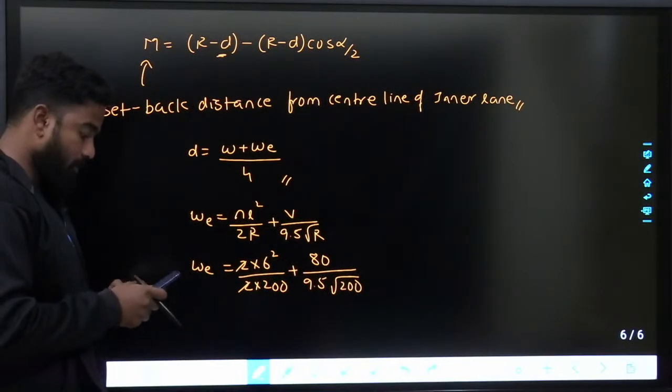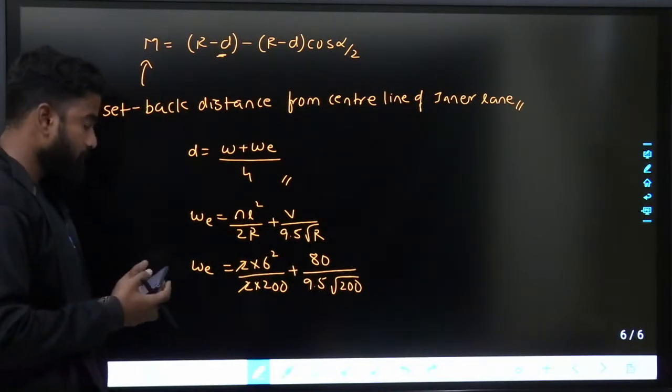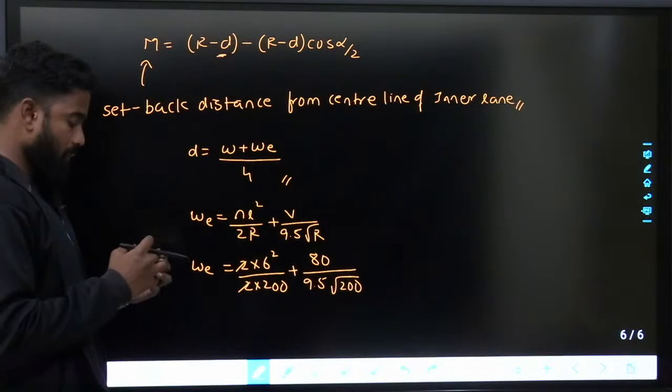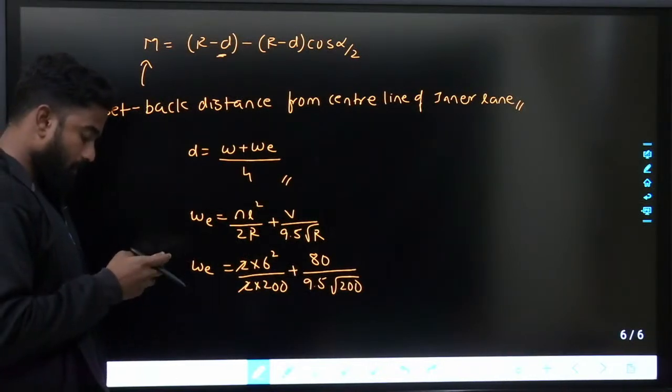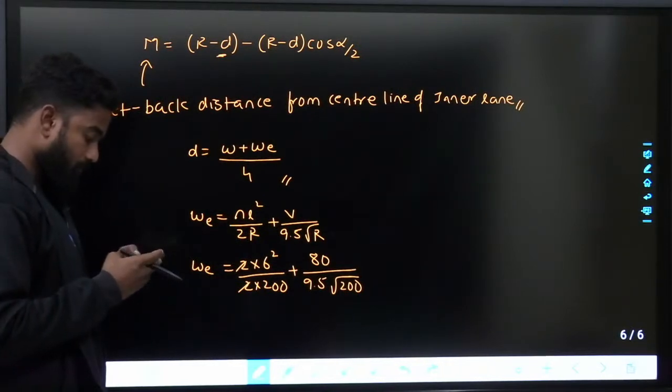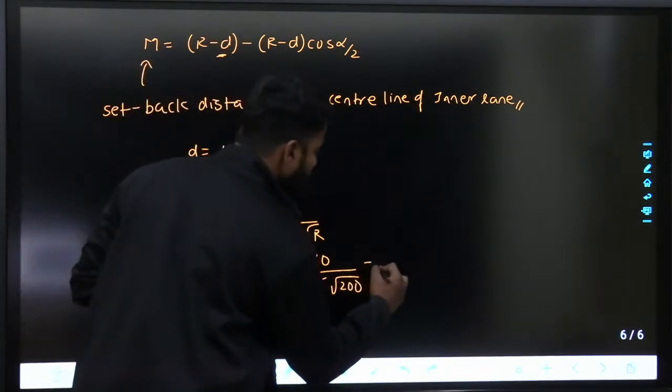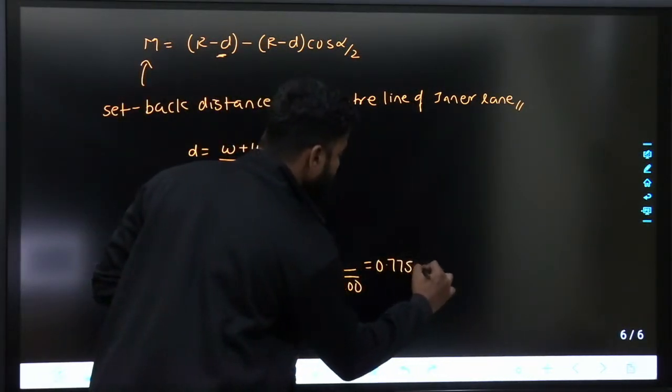The value would be 36 divided by 200 plus 80 divided by 9.5 multiplied with under root of 200. This would be 0.775 meters.